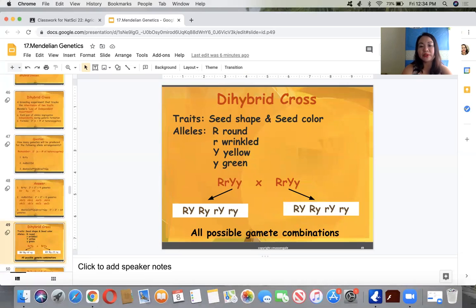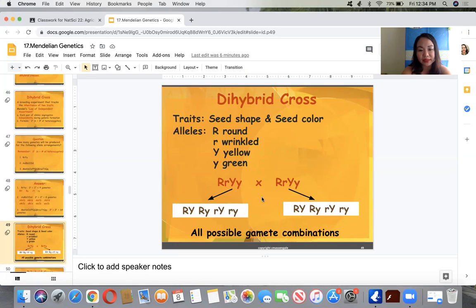In a dihybrid cross, if you're going to cross traits like seed shape and seed color, with the following alleles: capital R for round, small r for wrinkled, capital Y for yellow, and small y for green.